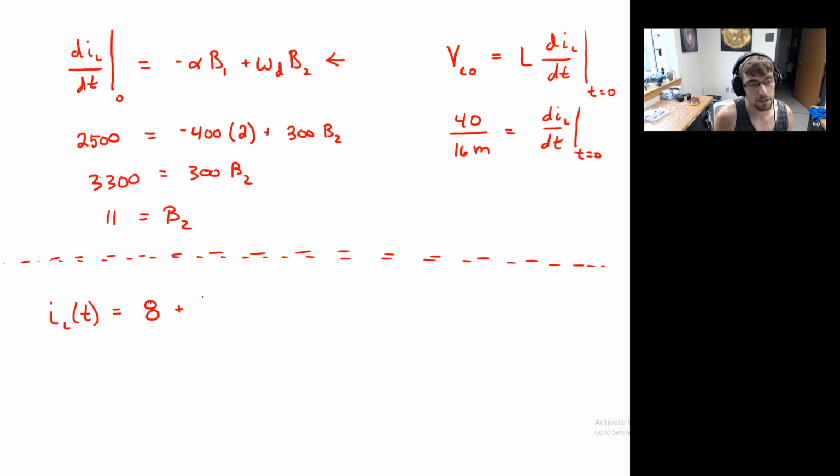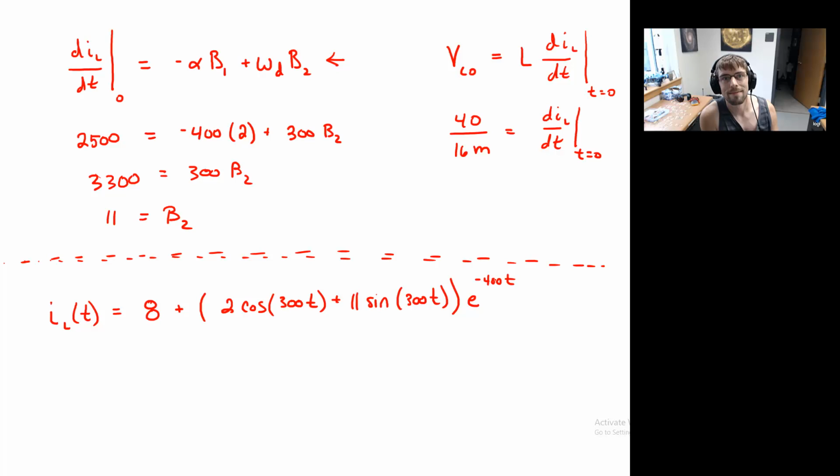Then we have added to that B1, which is 2 cosine of 300t plus 11 sine of 300t, times e to the negative 400t. Right? And we're done. There we go.